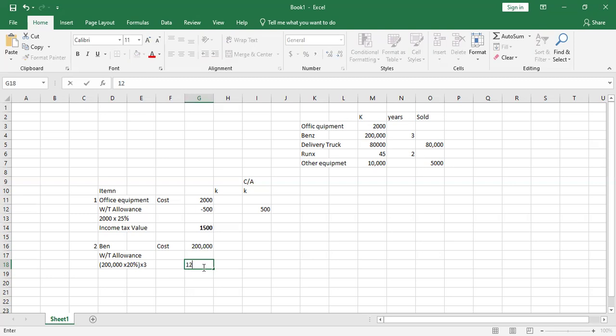Yes. So we've got 120,000 there. So that's the total capital allowance that we need to deduct here. So now 200,000 minus 120,000 gives us what? 80,000, right? Yeah.